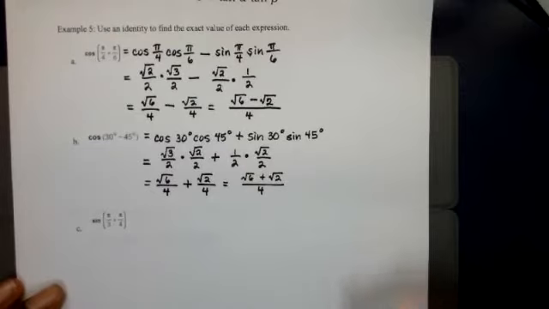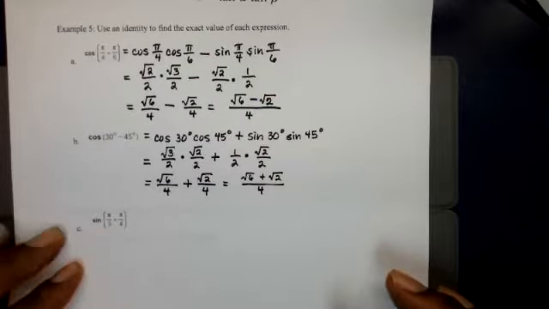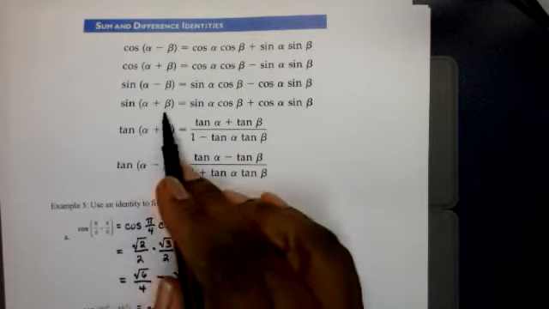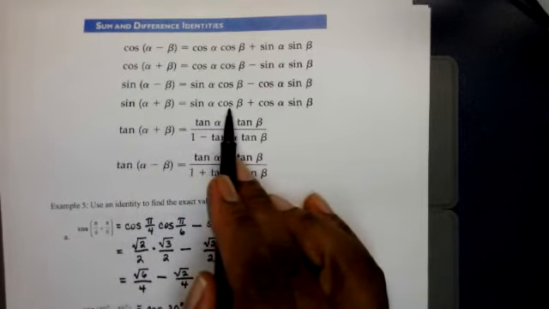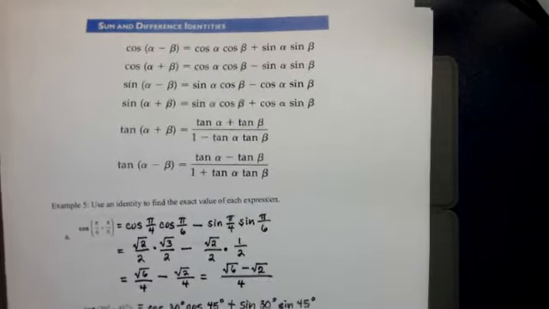Let's look at this one, sine of pi over 3 plus pi over 4. Here we have the sine of the sum of the two angles, so it has to be written like this: sine of alpha cosine of beta plus cosine alpha sine of beta.